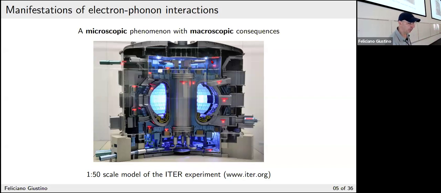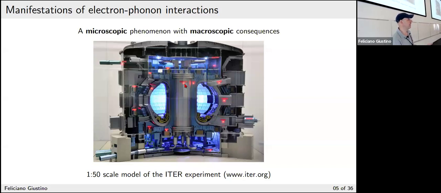The idea is to have a plasma inside this donut and then bring it to the point of ignition to generate nuclear energy via nuclear fusion. To keep the plasma, which is a charged gas, inside this donut, people use magnetic confinement. That means you need to generate very strong magnetic fields. The way it is done is to wind coils around this donut this way, and also around the circumference.